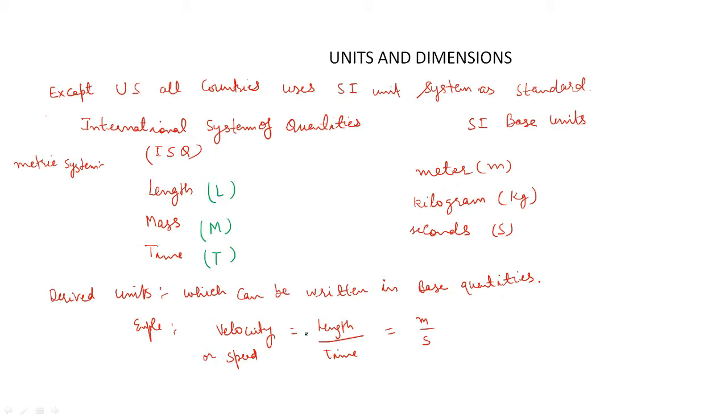So here the unit of the physical quantity, which is velocity or speed, will be meter per second, and these are called derived units because these are written in terms of the basic units. Meter is the basic unit of length and second is the basic unit of time. So here meter per second is a derived unit of the physical quantity velocity or speed.